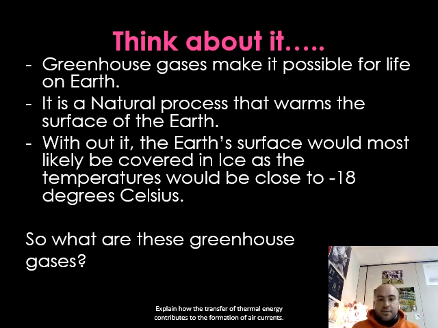It's a natural process. It warms the surface of the Earth. Without it, the Earth's surface would most likely be covered in ice, and temperatures would be close to minus 18 degrees Celsius. And I'm reading that really fast because you need to understand, guys, just like I just mentioned, Mars, which we've talked a lot about, really hot during the day, really cold at night, because it doesn't have an atmosphere thick enough for the greenhouse effect to take place.